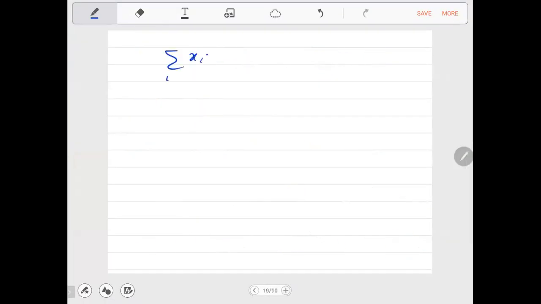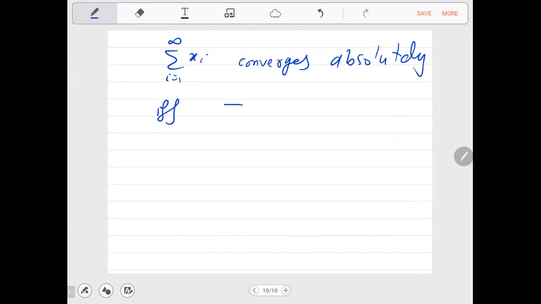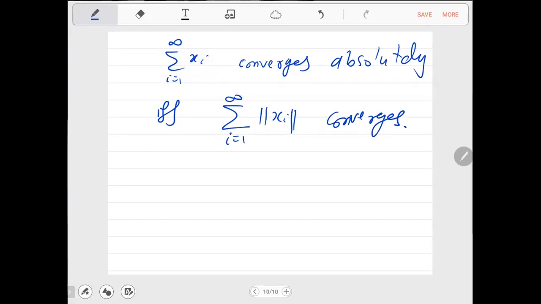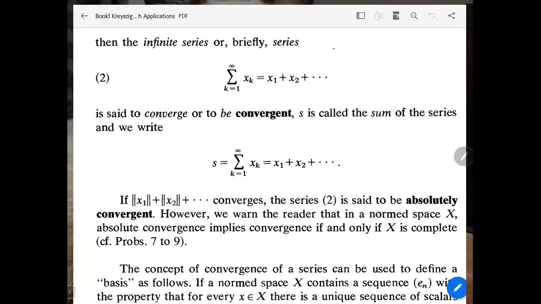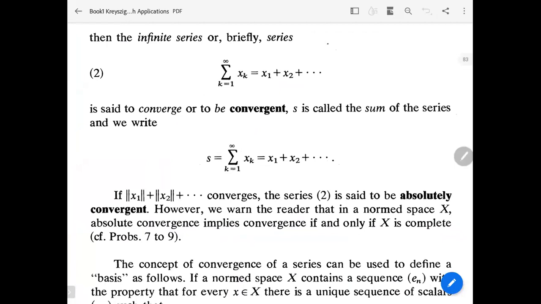So we have this series, the sum of x_i, i from 1 to infinity, converges absolutely if the sum of the norms of x_i, i from 1 to infinity, converges.